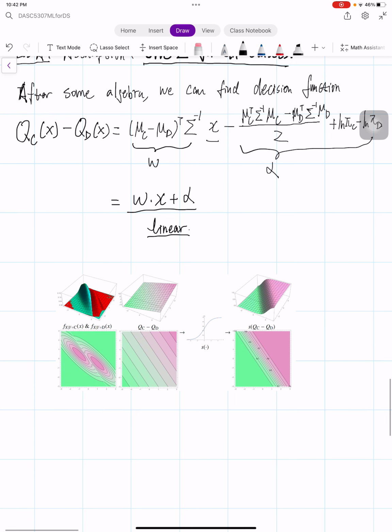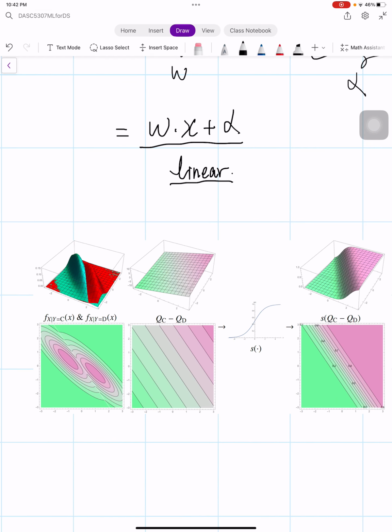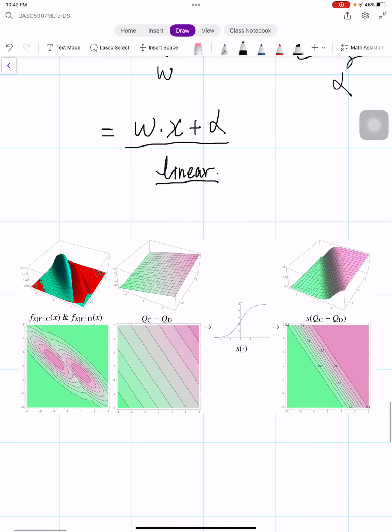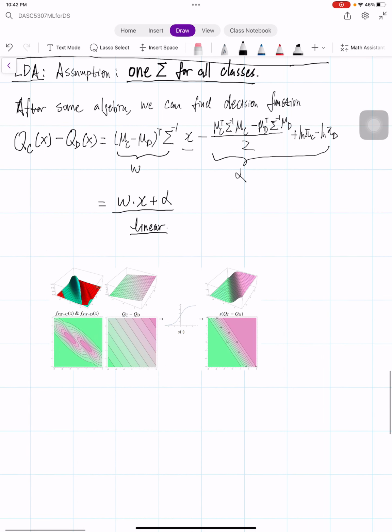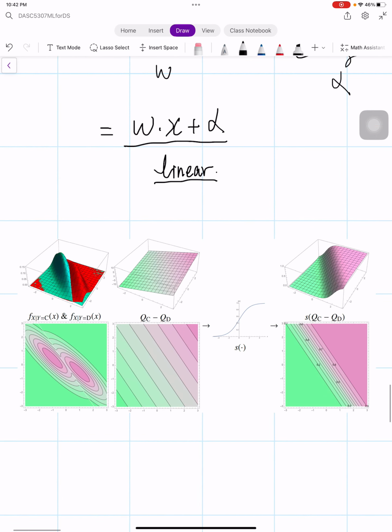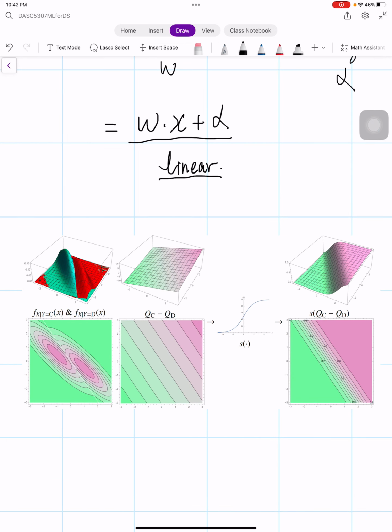Then we can see the example. For the same data set as we introduced here, these two examples fit different models. But now you see the restriction that every class shares the same variance covariance matrix.